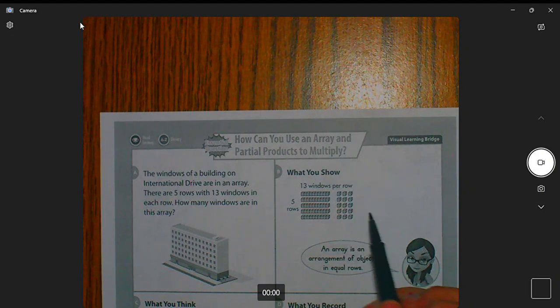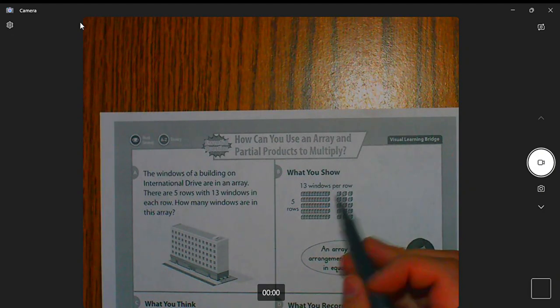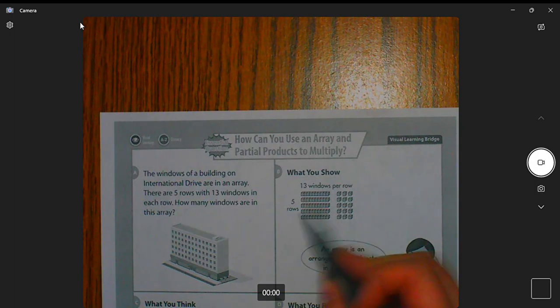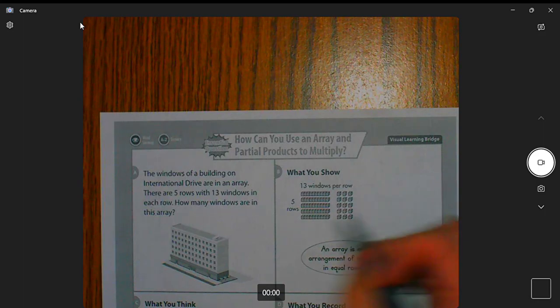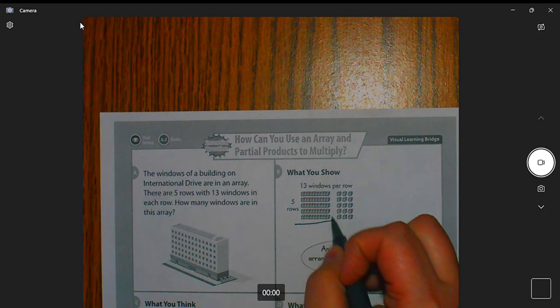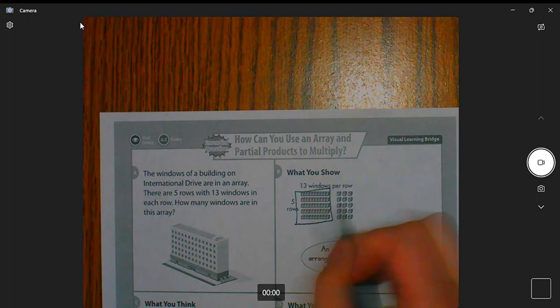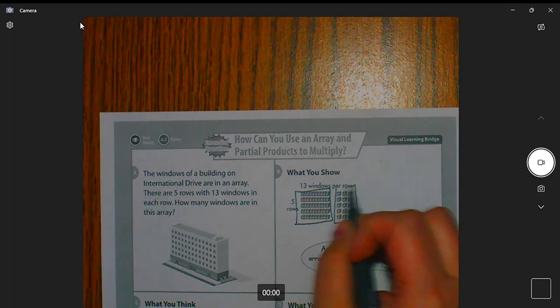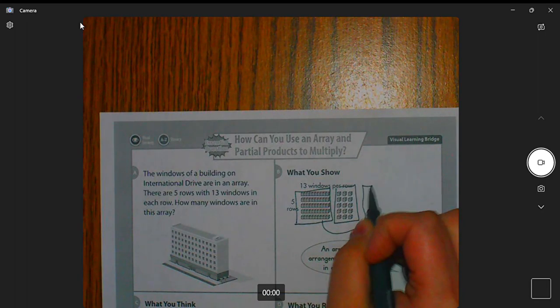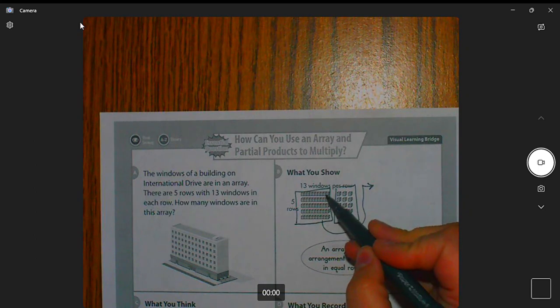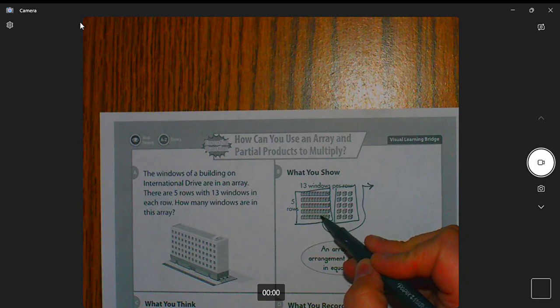So let's look at this. 13 windows per row. I have 5 rows. I'm going to break this up. I'm going to look at each step as its own piece. How many rows do I have? 1, 2, 3, 4, 5 rows.